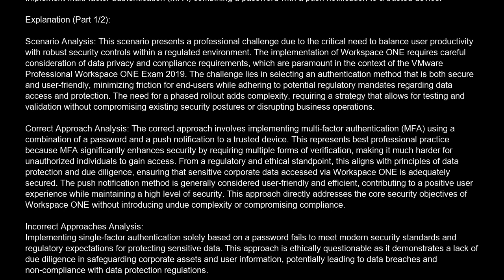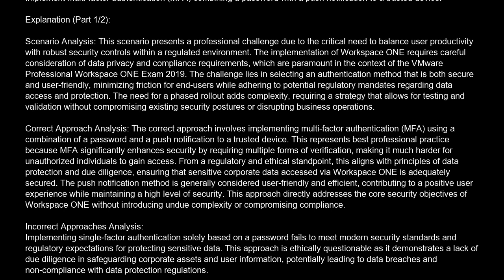Correct approach analysis. The correct approach involves implementing multi-factor authentication, MFA, using a combination of a password and a push notification to a trusted device. This represents best professional practice because MFA significantly enhances security by requiring multiple forms of verification, making it much harder for unauthorized individuals to gain access.